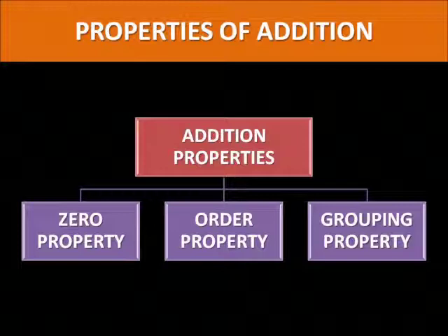Second is the order property of addition. Third is the grouping property of addition. So today we are going to study each of these three properties in detail with the help of certain examples and certain numbers.